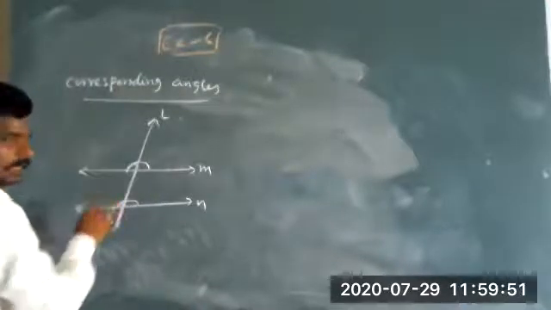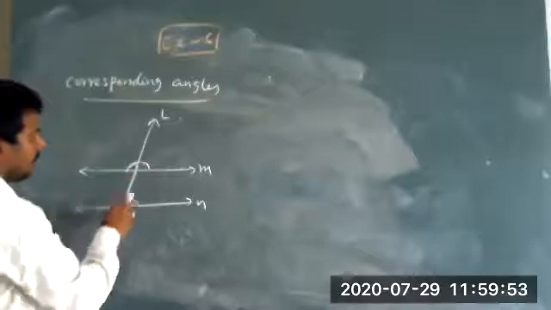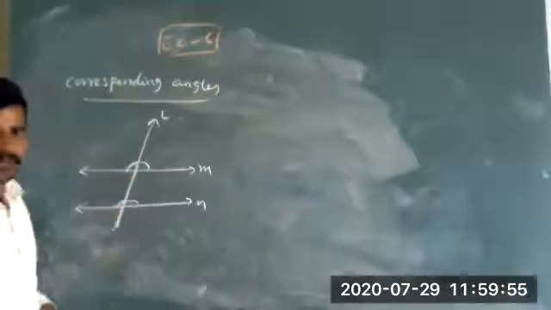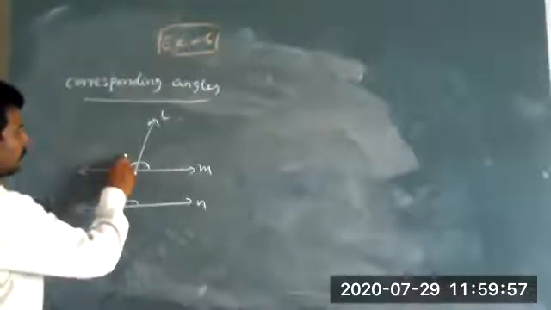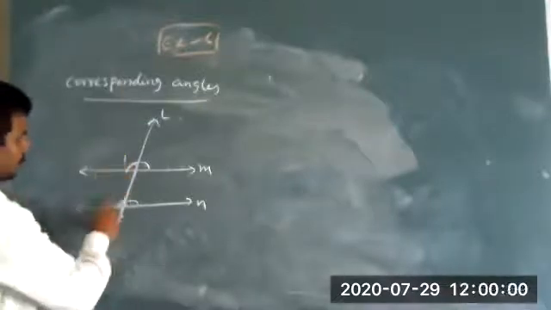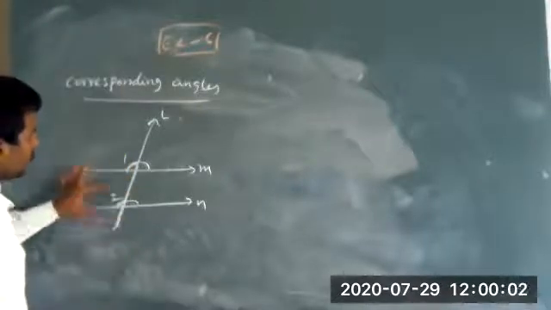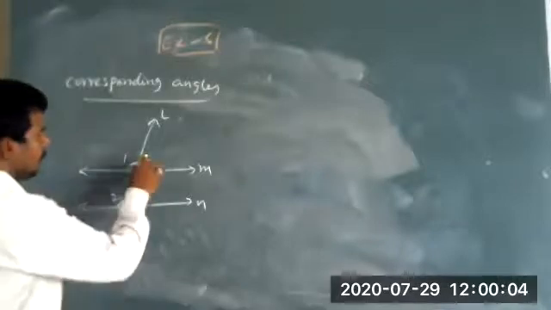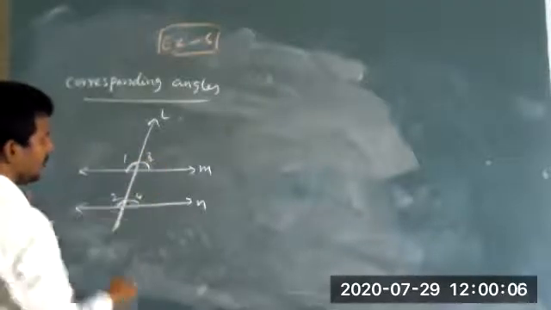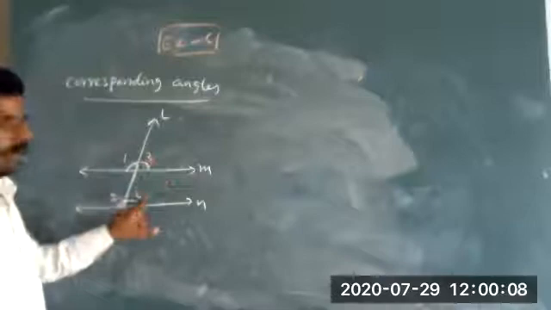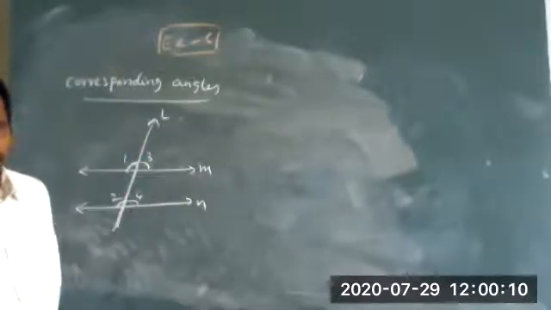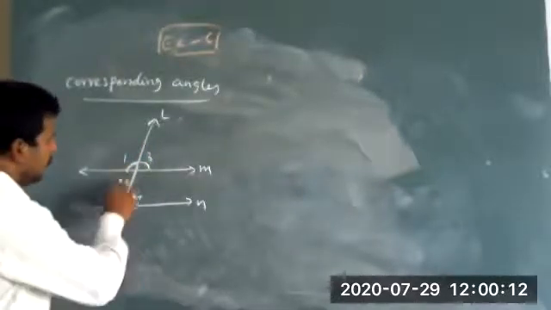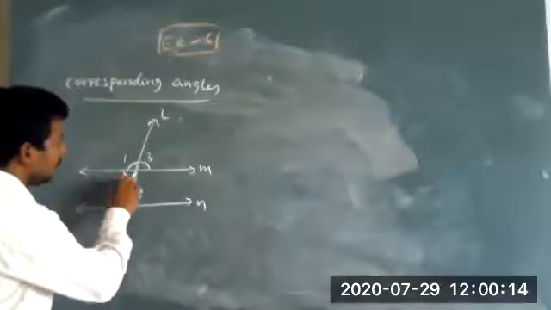For example, if this angle is named 1, this angle is named 2. 1 and 2 are corresponding angles. If this angle is named 3 and this angle 4, 3 and 4 are corresponding angles. 3, 4 are what, children? Corresponding angles.